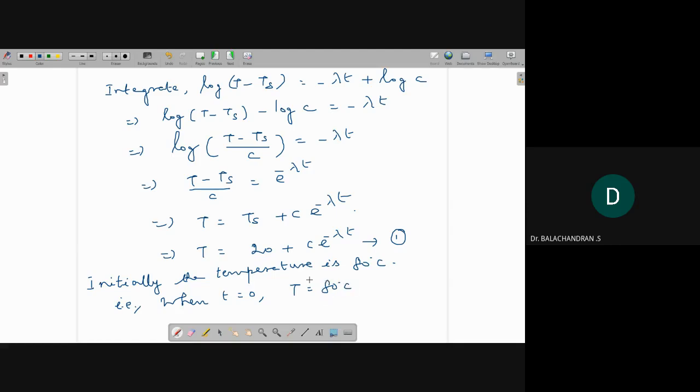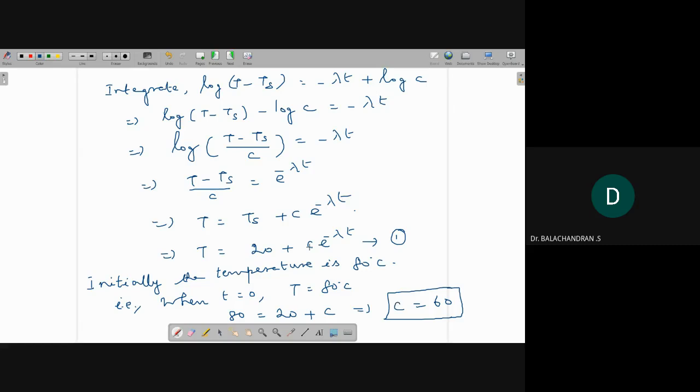Now if you substitute this in equation 1, 80 = 20 + C·e^0. So this implies C = 60. C equals 60.